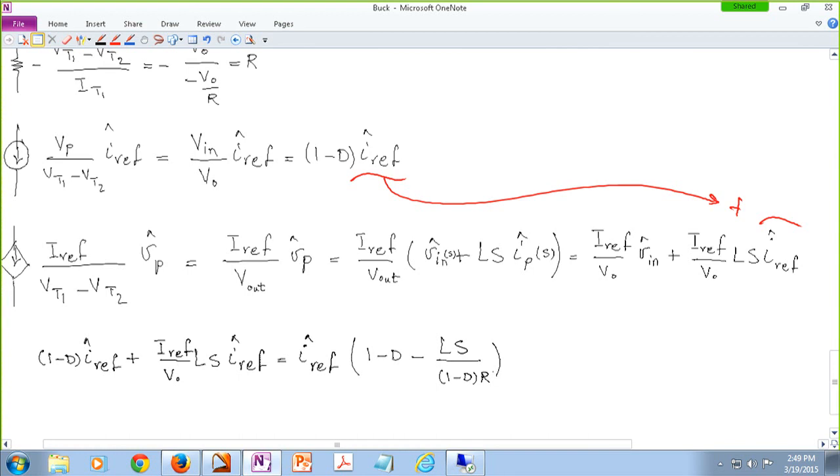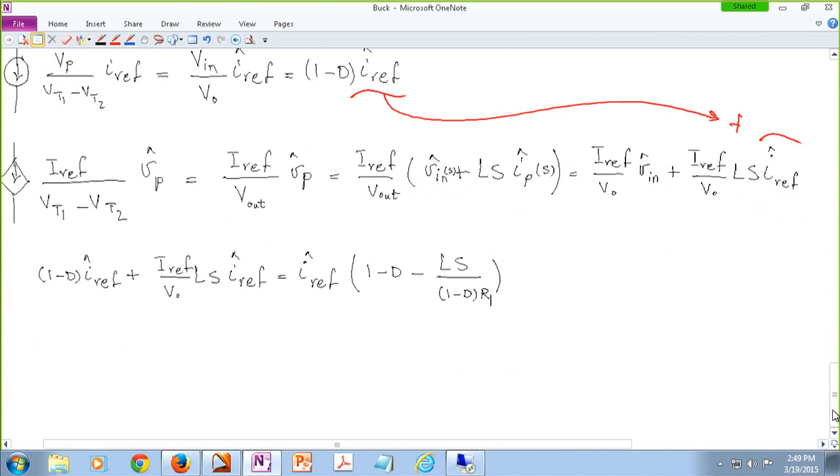Okay, so I'm trying to substitute IREF over V out. Let me write it this way. IREF is the reference for the pole current.